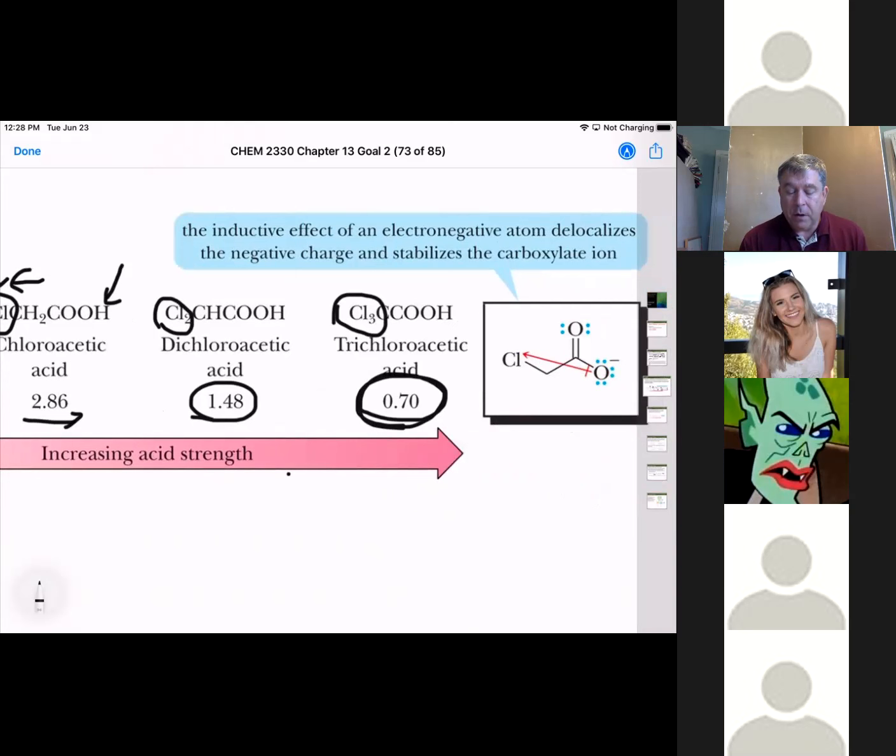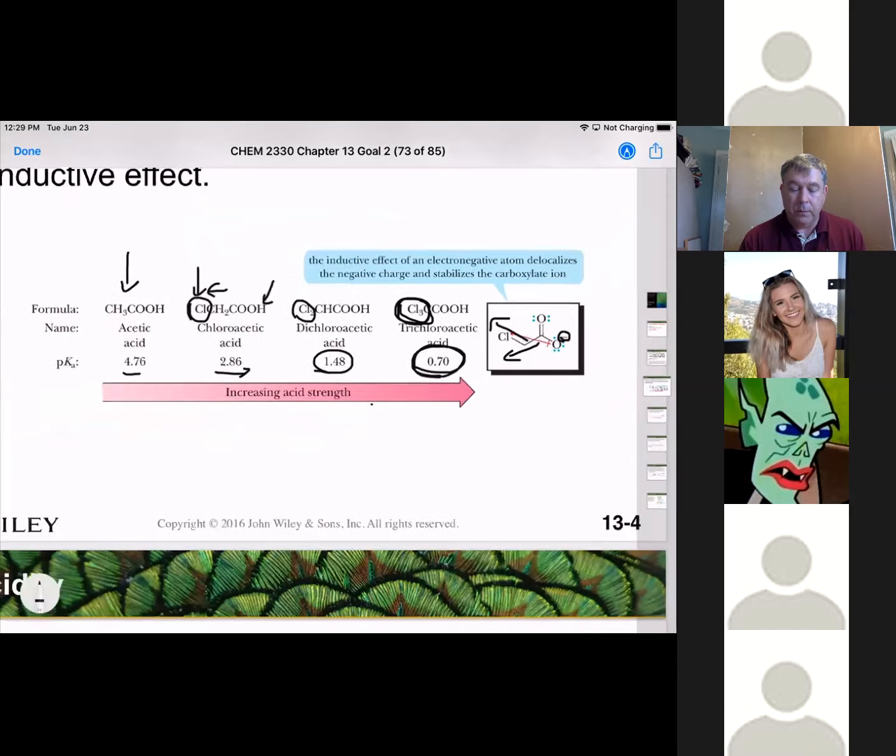And that all has to do with the fact that these electron withdrawing groups are increasing the stabilization of the anion because they're pulling electron density away from this negative charge, making it easier to lose that hydrogen. So this is how acidity is increasing in a carboxylic acid by adding electron withdrawing groups.